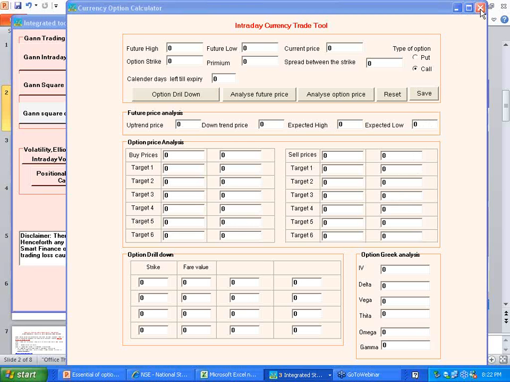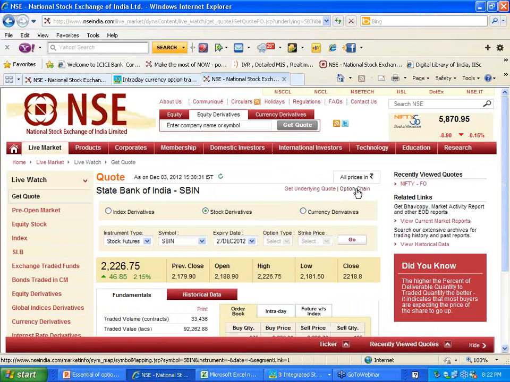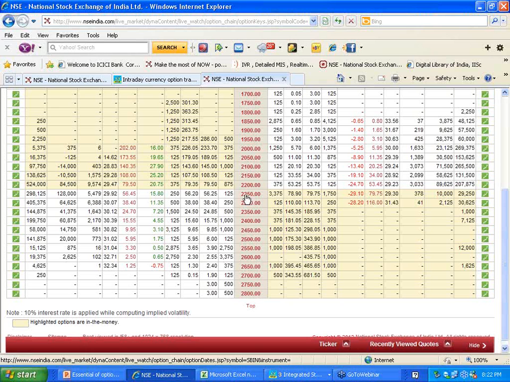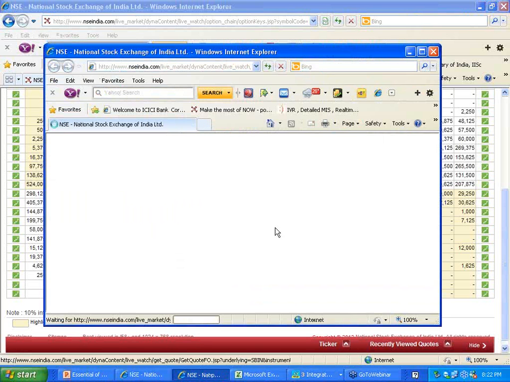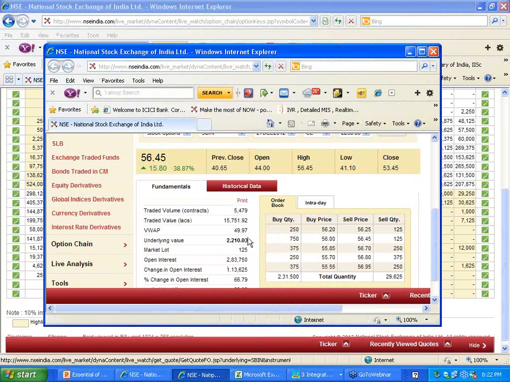In State Bank of India, the options touched around 56 level today. It has touched the day's high of 56.45 and settled at 56.